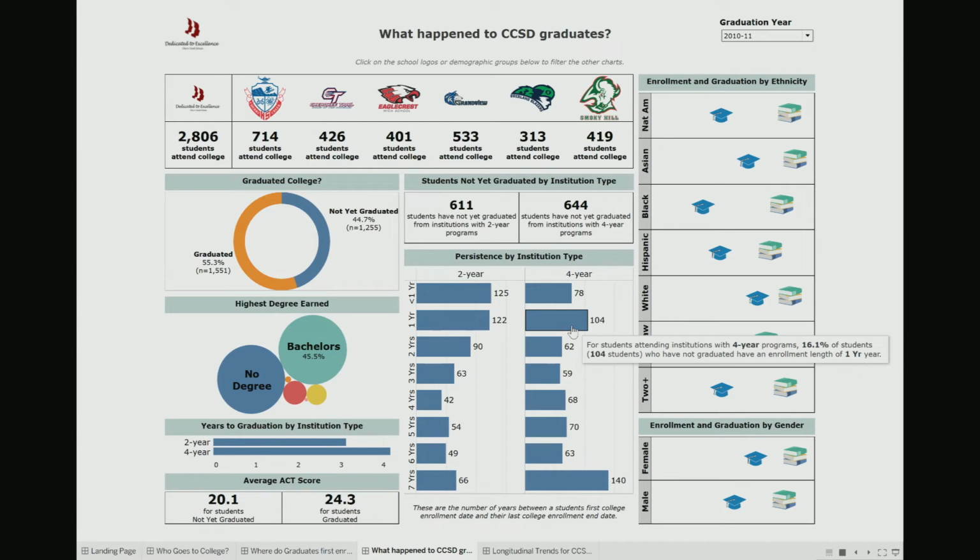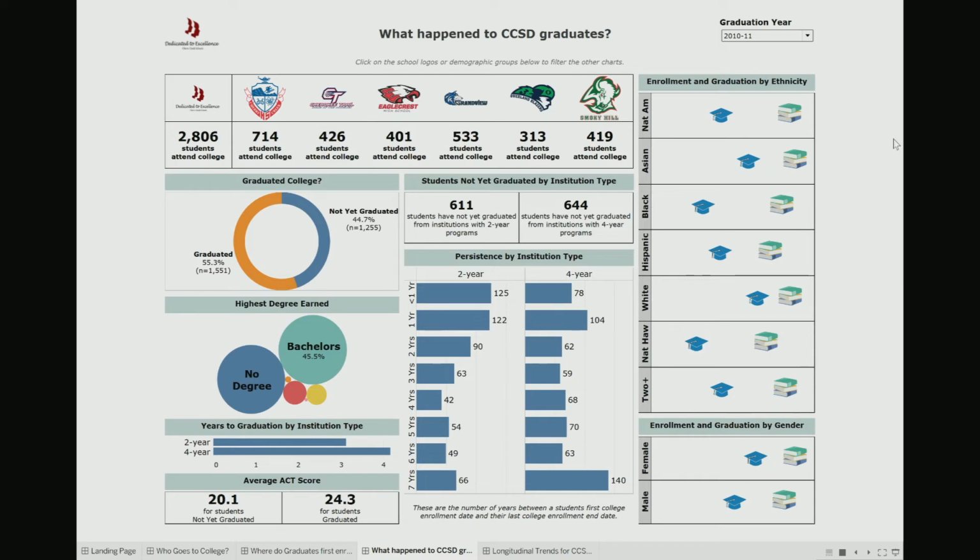So 16.1% of students, or 104 students for this graduating class, who have not graduated have an enrollment length of 1 year. And that's calculated by taking their first college enrollment date and doing a date diff with their last college enrollment end date in the National Student Clearinghouse data.